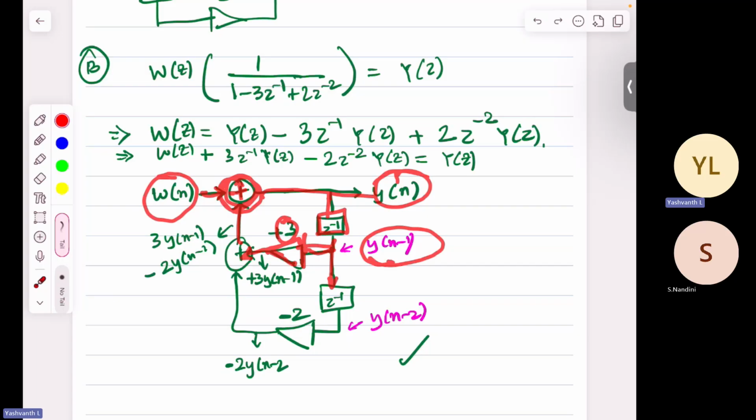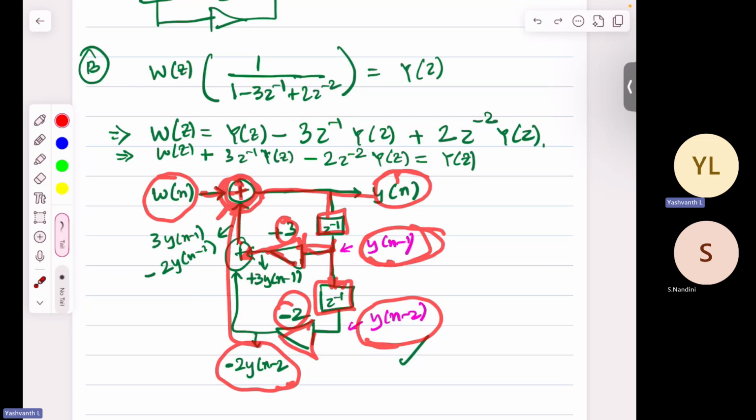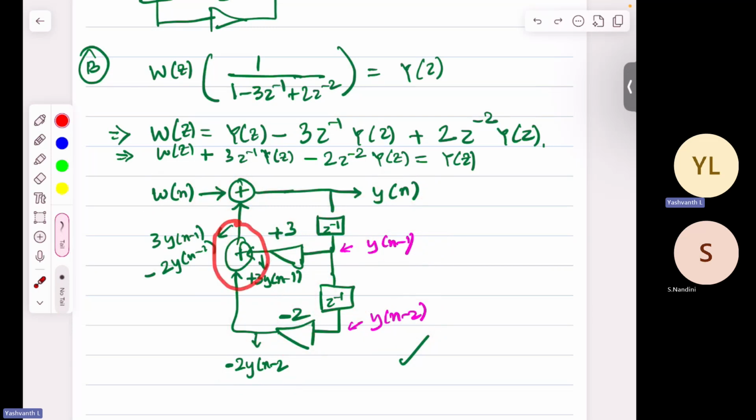Take another part of y of n minus 1, delay it again, which becomes y of n minus 2, and multiply it by minus 2. So it becomes minus 2 times y of n minus 2. Now add all of them together. So at the output of this adder, you have 3 of y n minus 1 minus 2 of y n minus 2. Add this to w of n, and that will be your y of n. Is this clear? Yeah, so it's just a mere implementation of this case.